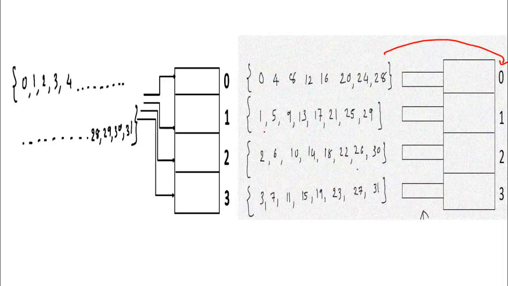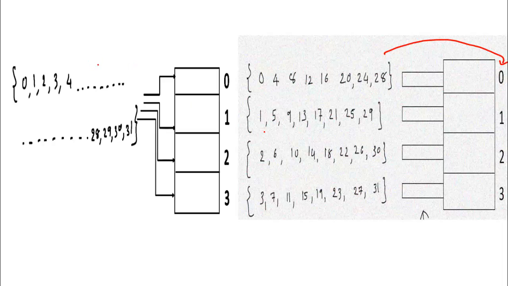So this is kind of a restriction in case of direct mapping, but there is no such restriction in associative mapping. There is no fixed cache block number for certain main memory blocks. Just like this, in case of direct mapping, for these main memory blocks the cache memory block is fixed.